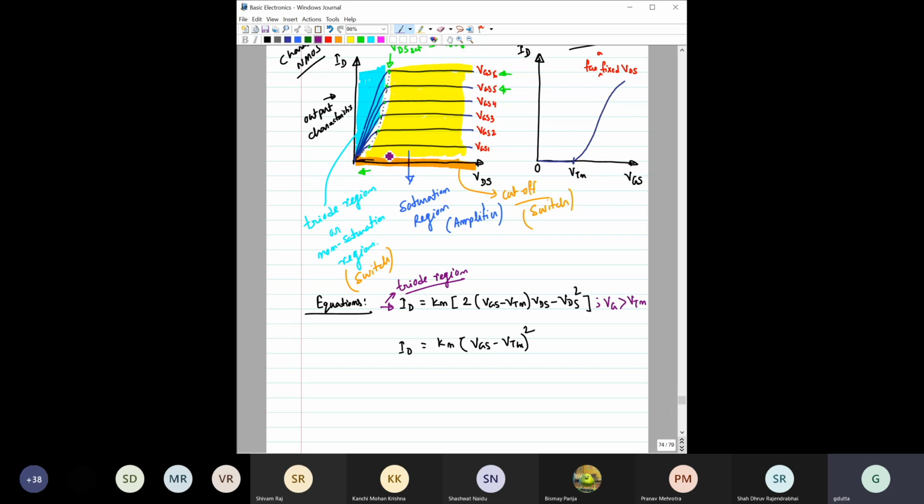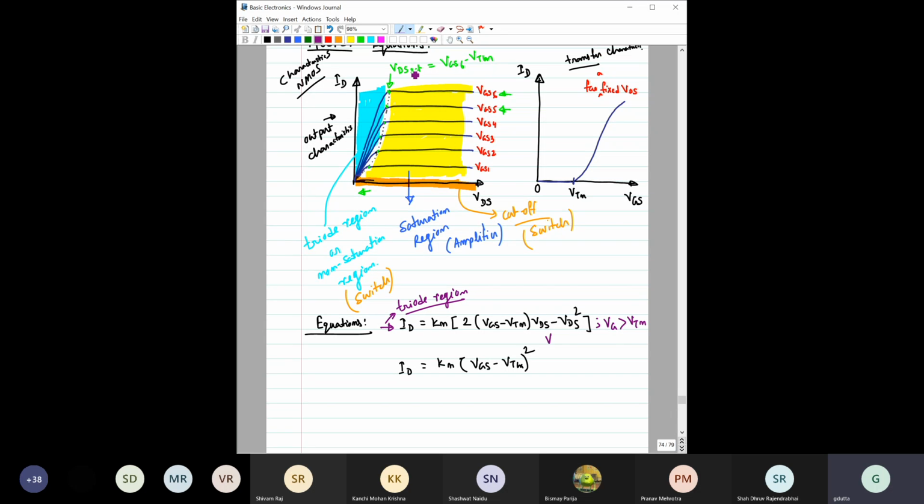So in the triode region, here VG has to be greater than the threshold voltage, obviously, when the transistor is on. The other criteria is that VDS has to be lower than VDS sat, the saturation drain to source voltage. Is this part clear to you?